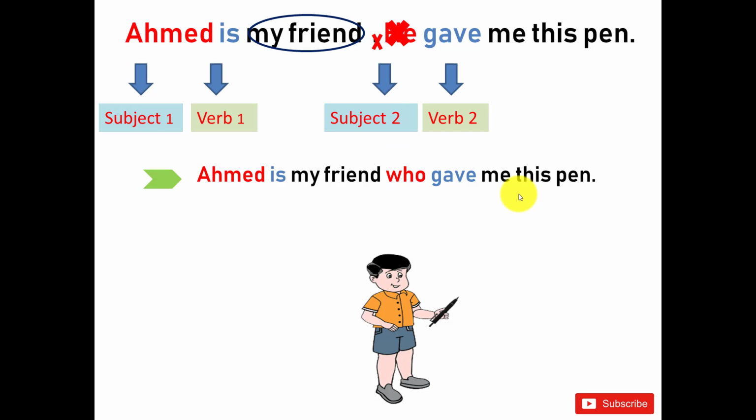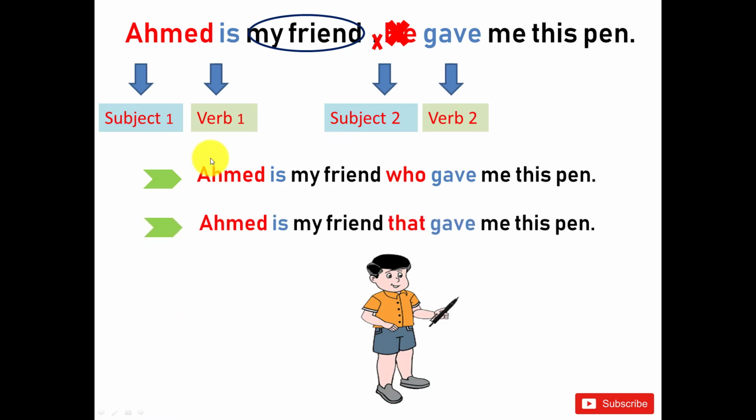So we dropped he and used who instead. Here, who is the connector. It plays the role of the subject as well. So who here is Ahmed, right? We can also say Ahmed is my friend that gave me this pen. Who and that play the same role here. Let's move to the second example for more understanding.